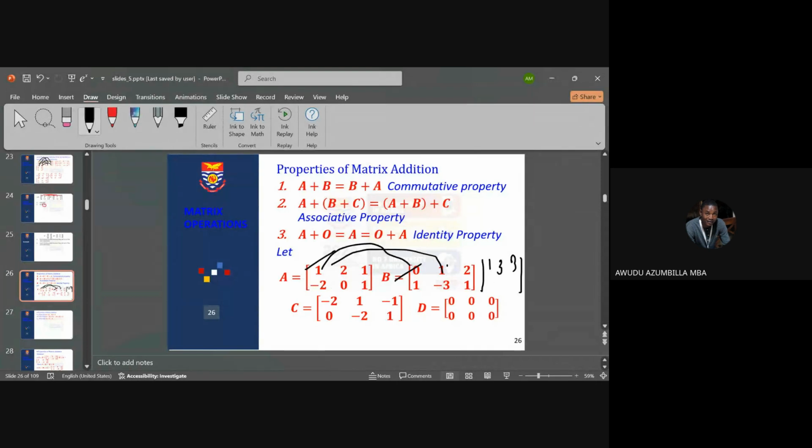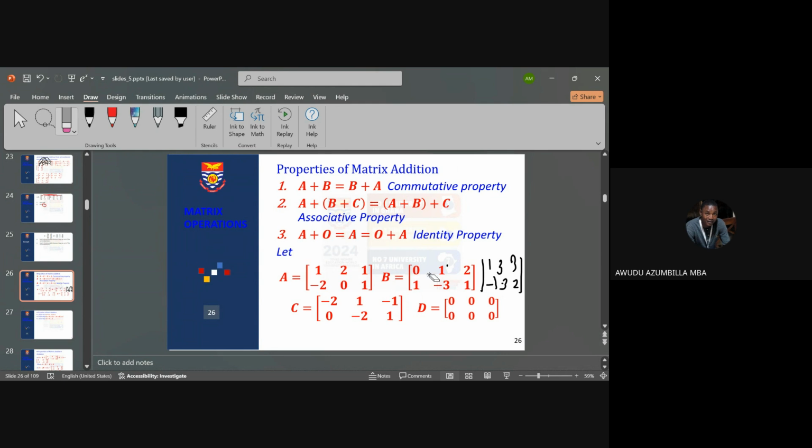Then you come to the second row, negative 2 plus 1 is going to give us negative 1. And then 0 plus negative 3 is going to give us negative 3. And then 1 plus 1 is going to give us 2. So this is what you have for A plus B.